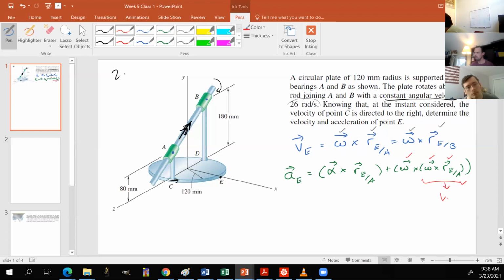This is just equal to VE. We saw that in our lecture notes.